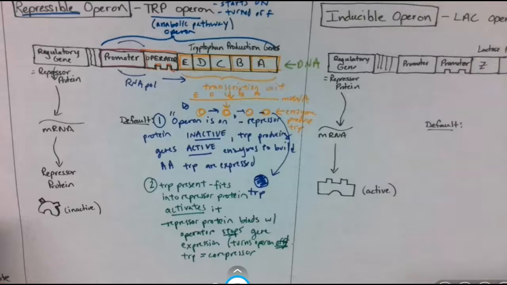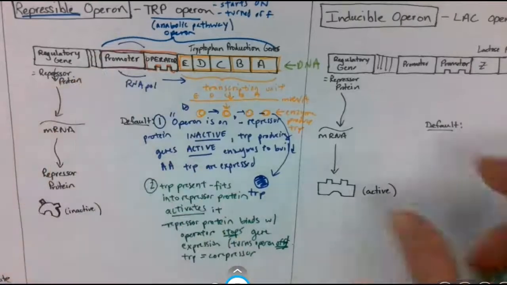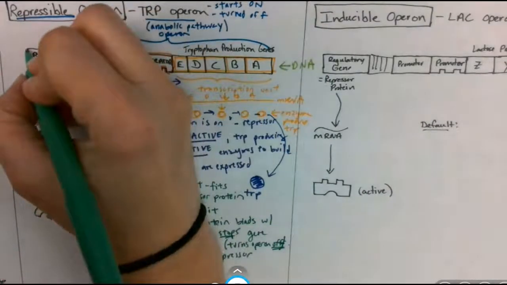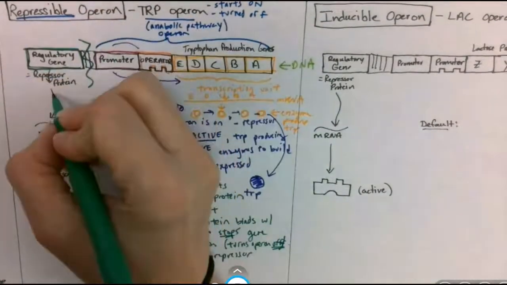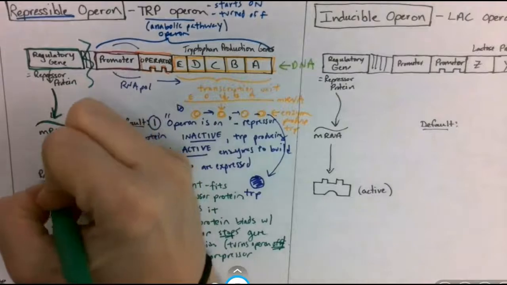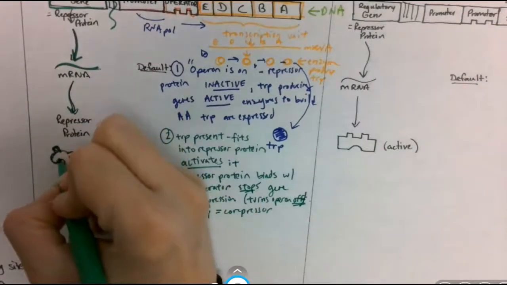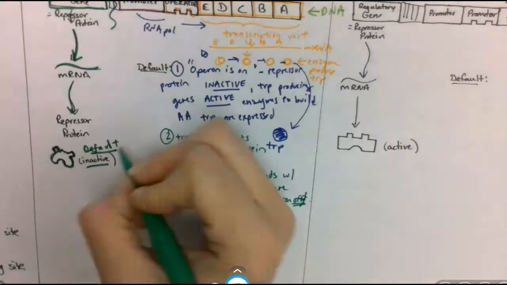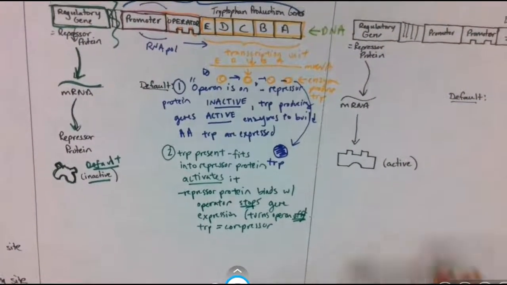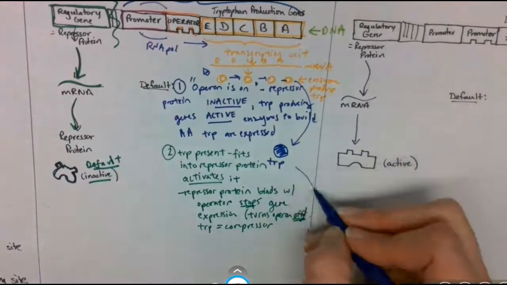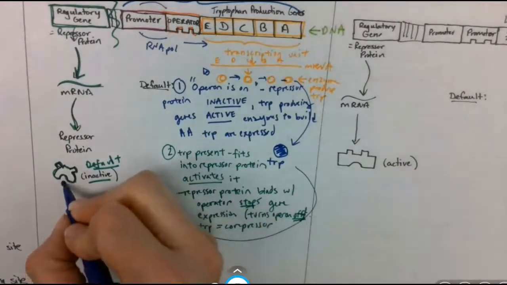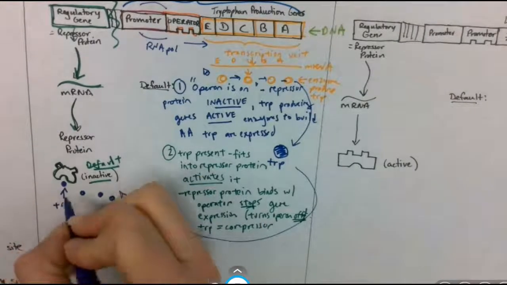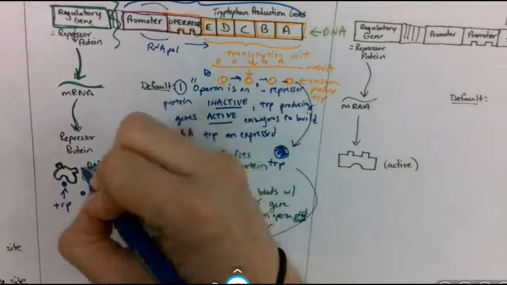So let me show you this on a picture. In a different location on the DNA, separate from the operon, there is this regulatory gene. This regulatory gene codes for a repressor protein. However, the default setting for the repressor protein is inactive, as we said earlier. Now, when you have enough tryptophan, all that extra tryptophan can't be used to make proteins, because remember, tryptophan's an amino acid, so this extra tryptophan binds with the repressor protein and activates it.